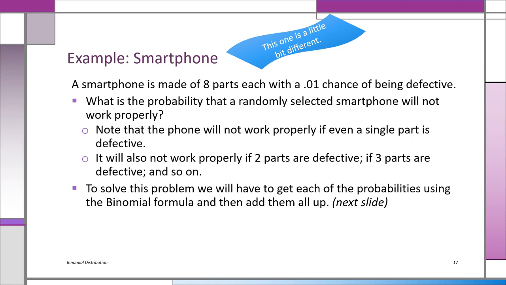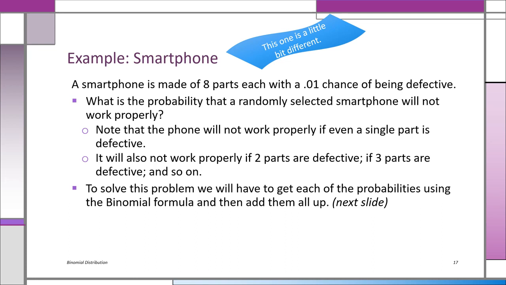But think about it. If 2 of those parts are defective, it won't work properly. If 3, if 4, if 5, and certainly if all 8 parts are defective, it won't work properly. So this is a little bit more of a complicated problem, where you can get the probability for each of those situations: the probability that x is equal to 1, equal to 2, equal to 3, and then you add them all up, because those are mutually exclusive.